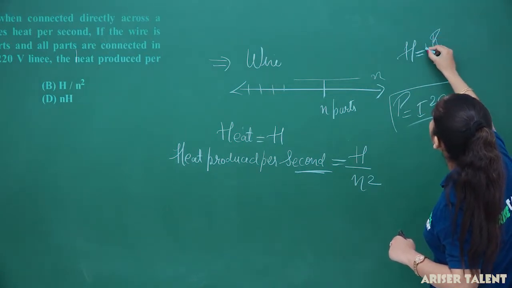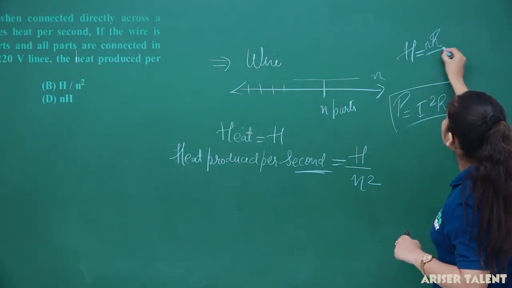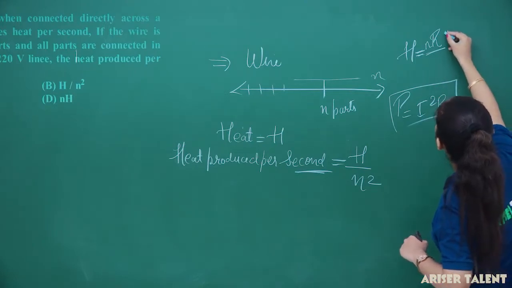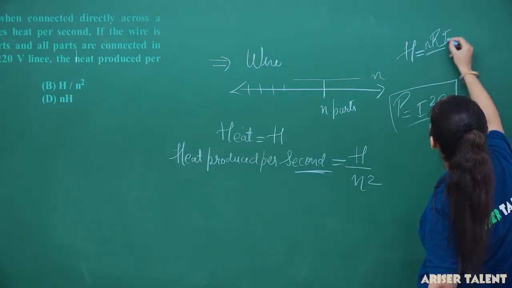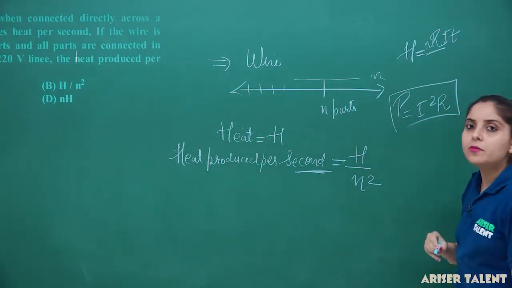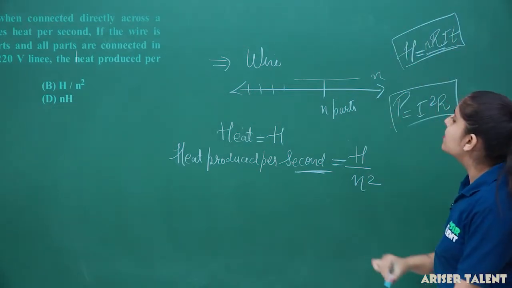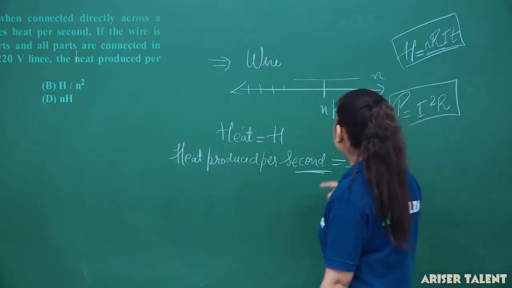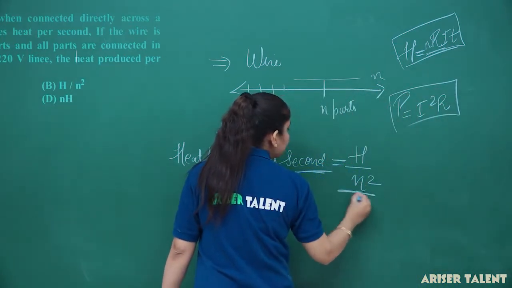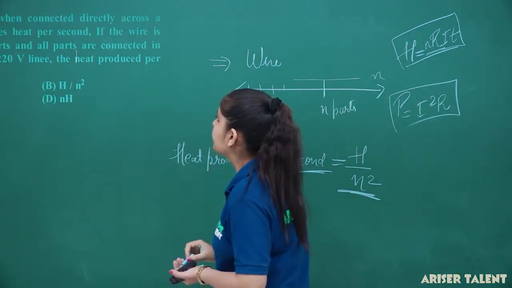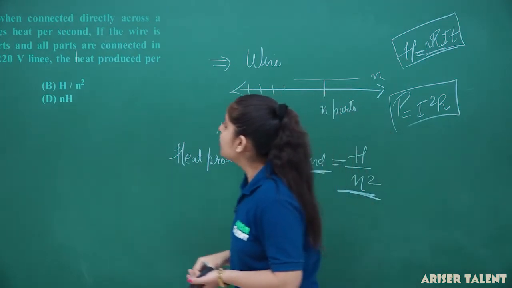It is also dependent upon the value of n, that is the number of resistances connected in the circuit. It is dependent upon the value of I, and it is also dependent upon the value of time. So these are the factors on which the heat produced in the circuit depends. So the heat produced per second will be H upon n square. So here the correct option is option B.